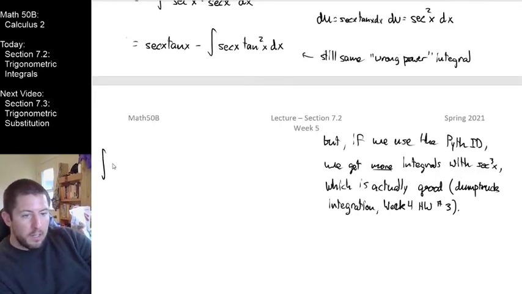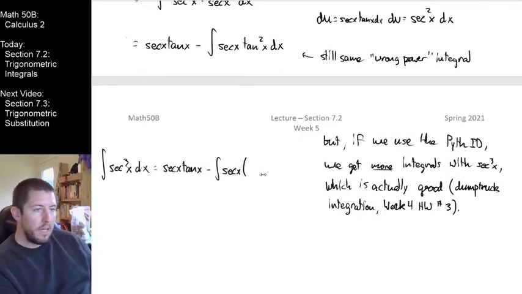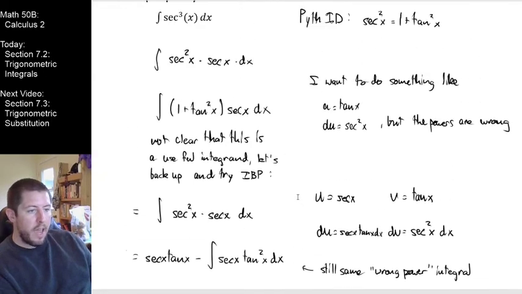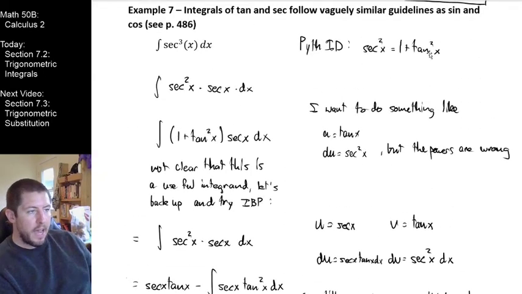So we're getting here the integral of secant cubed of x dx equals secant x tangent x minus the integral of secant x times, and I keep forgetting what order it goes. That's okay. You can always look these things up a million times like I do. Tangent squared is secant squared minus 1.